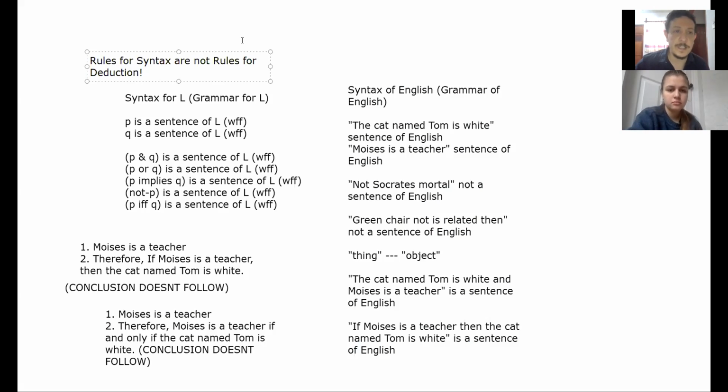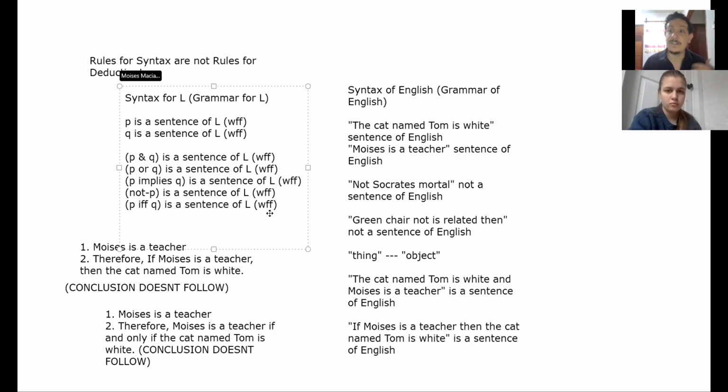But notice also something interesting, because some people thought that this was the end of the road for the syntax. What do I mean by the end of the road? I mean that if you have a sentence P and a sentence Q, then according to the language L, you can just go up one level. From the sentence P and the sentence Q, you can get the sentence P and Q, and the sentence P or Q, etc. This is what is called a recursive procedure.